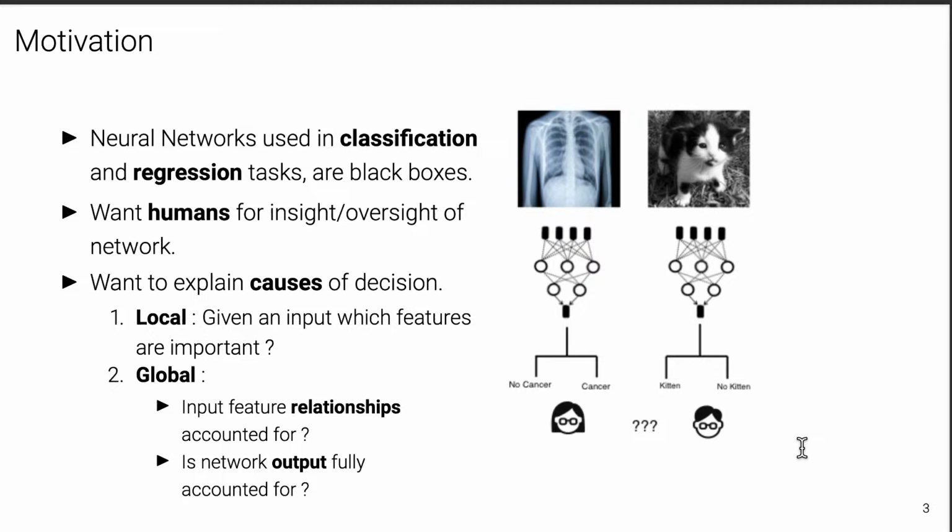So we want to ask global questions like: are all the neural network outputs accounted for? Is there a systemic bias or something like that? And are our saliency maps capturing everything about the network's decision making? That is the distinction that we're going to draw.